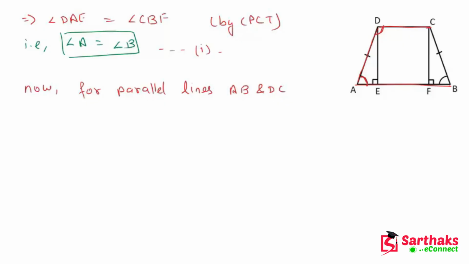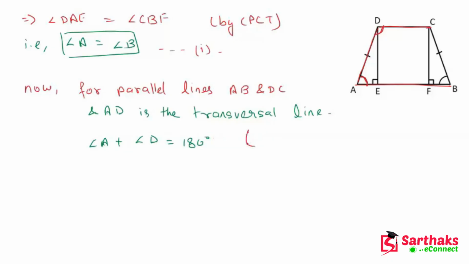So we can write, for parallel lines AB and DC, and AD is the transversal line, angle A plus angle D is equal to 180 degrees. And we know that angle A and angle D are interior angles, and the sum of these interior angles is 180 degrees.